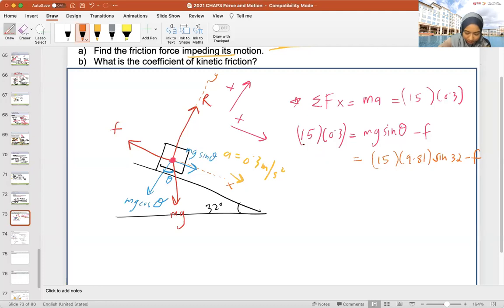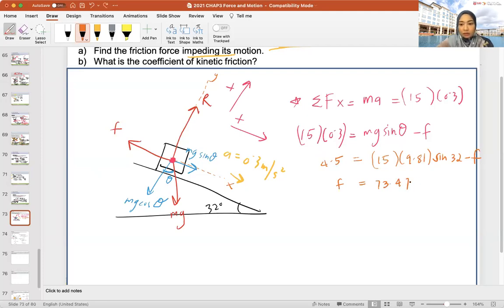Malas nak kira. 4.5. Okay, 15 times 9.81 times sine 32. So you would get minus 4.5. You would get friction is, I'm bringing friction to here. So this guy minus 4.5. So friction is actually 73.47.